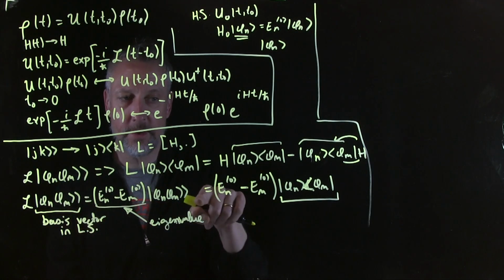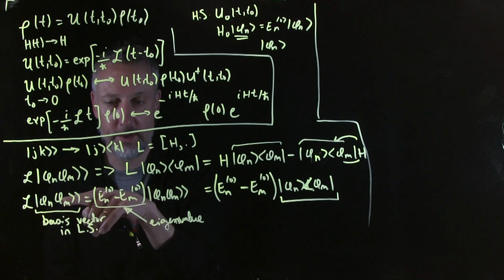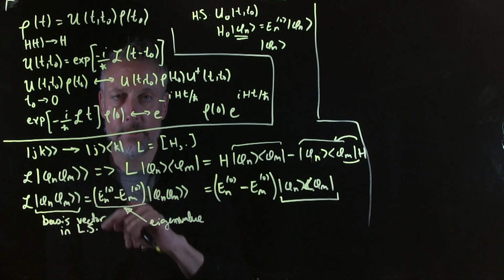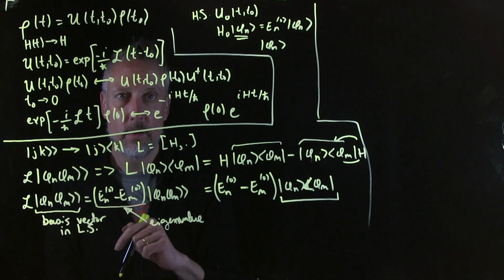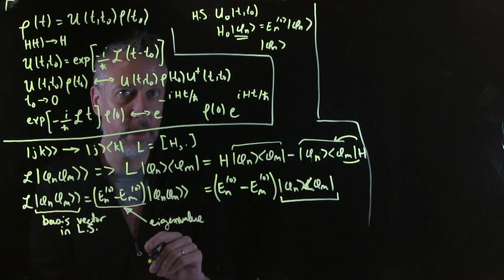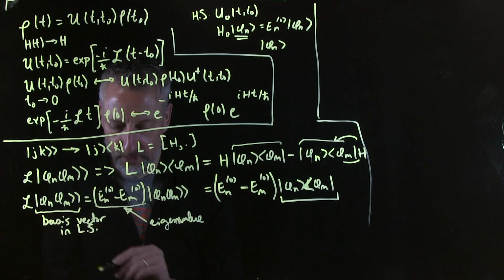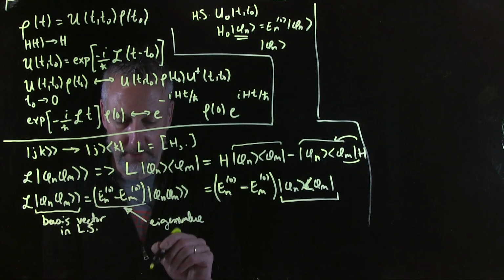Okay, so let's finish this up. We have that the Liouville operator operating on one of its own eigenvectors gives you back an eigenvalue here. Now, this energy level difference is no problem. We can keep it like that. But we've seen things like this before, right? Where we had an energy level difference that we decided to write in terms of a frequency. So how do we do that? We know that energy divided by h bar is going to be a frequency.